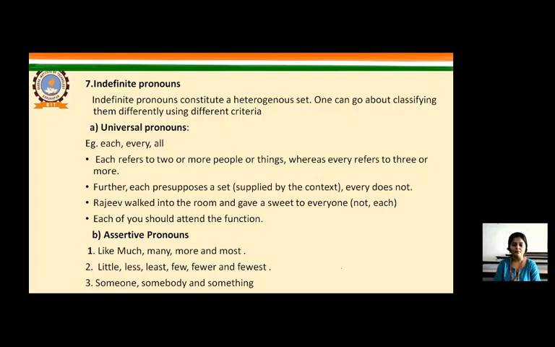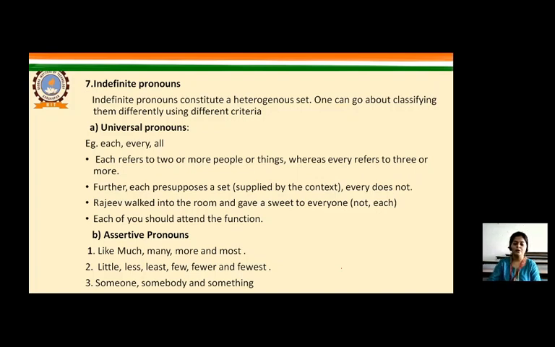Example: Rajiv walked into the room and gave a sweet to everyone. So here you are discussing one and all. So what word are we using? Every. And when you are using a phrase like "each of you should attend the function", here every person individually is mandated to attend the function.